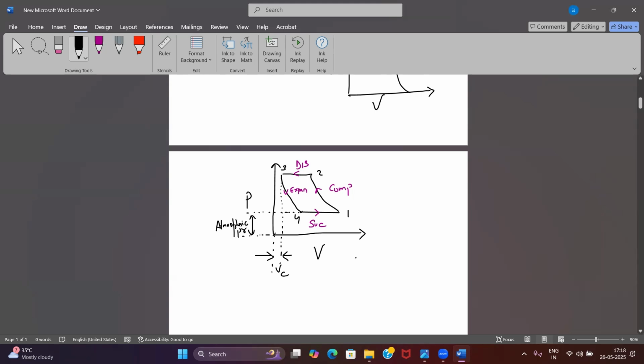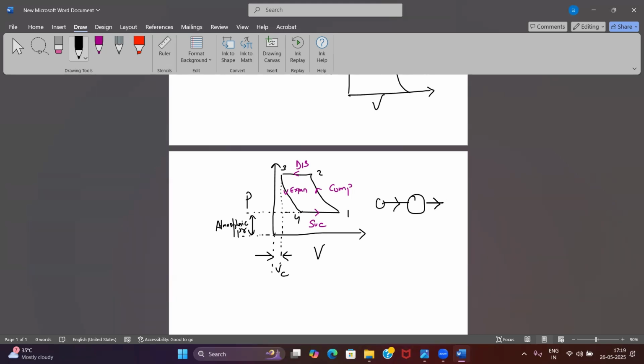Now we know PV equals to mRT, and you should understand that mass will remain constant before and after compression. Suppose I have used a compressor. This is my inlet, and this is the outlet.